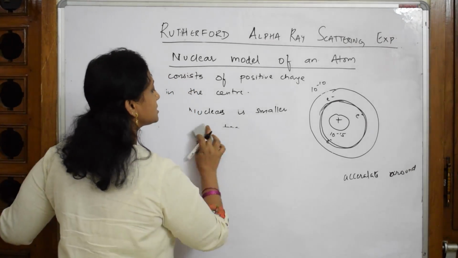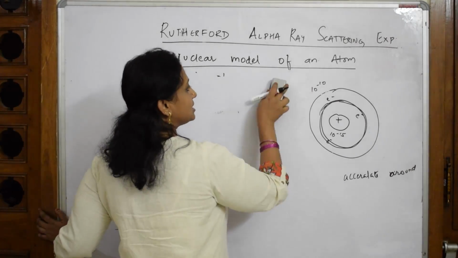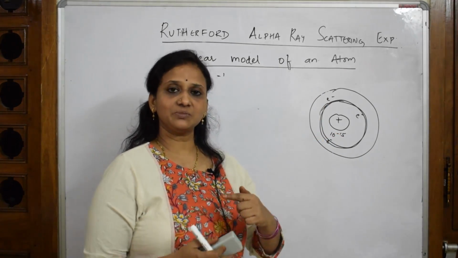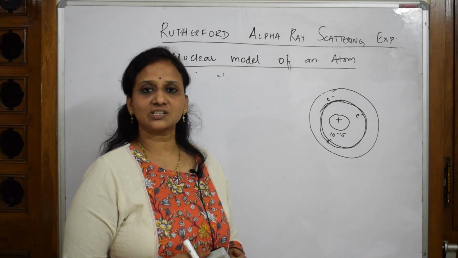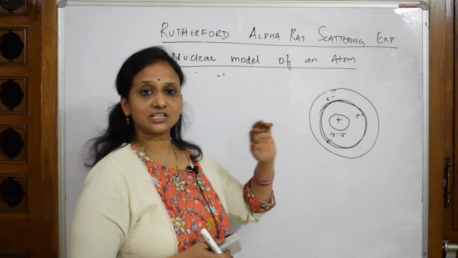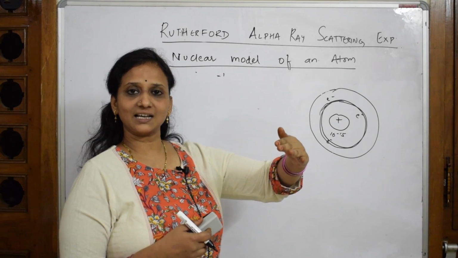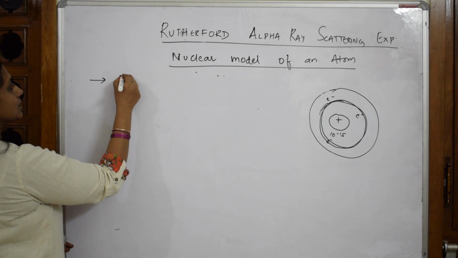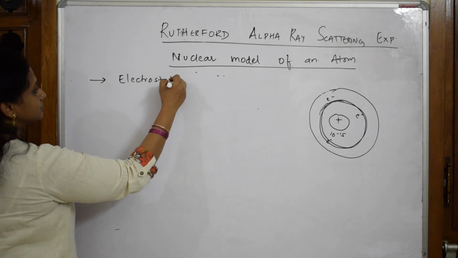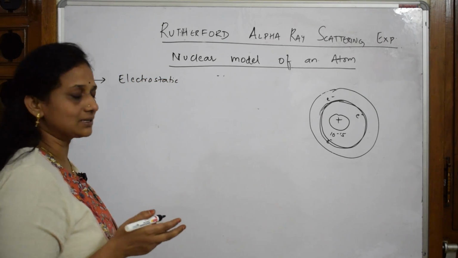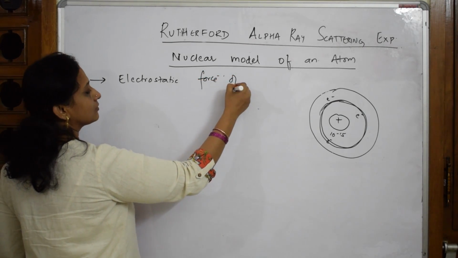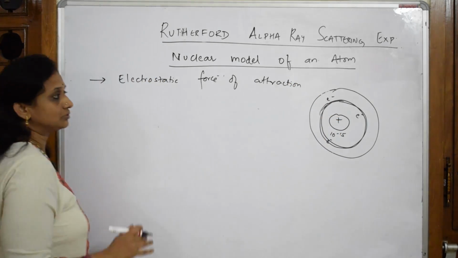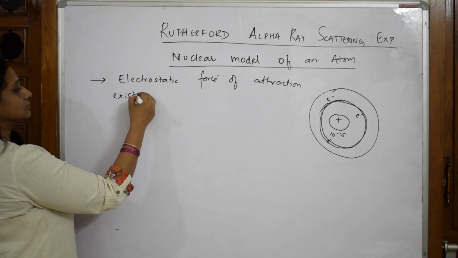After the certain orbit concept, he spoke about this. Whenever negative and positive charges are rotating, that means a certain electrostatic force of attraction exists. Until there is a force of attraction between those two, the electron will not stay there and the positive charge will not be here, isn't it? So he said an electrostatic force of attraction exists between oppositely charged particles, between electrons and protons.